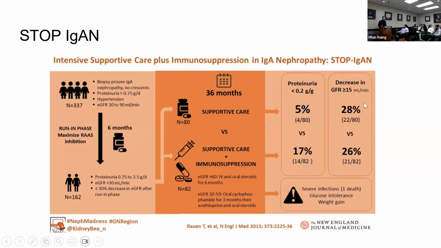And for eGFR decrease of more than 15, there's no difference. So my interpretation when I read this is: if you give the patient maximized RAS blockade and supportive care, and you superimpose immunosuppression, you're going to increase the risk of infection. The benefit is you're going to decrease the proteinuria in some patients, but you are not going to change the renal outcome.